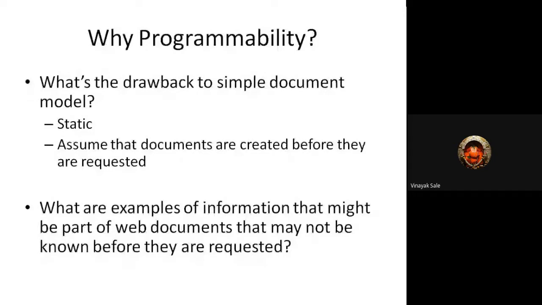Then why is there a need for programmability? What's the drawback of the simple document model? The simple document model is static. It assumes that documents are created before they are requested, and that's why we require programmability in web designing, which is dynamic.